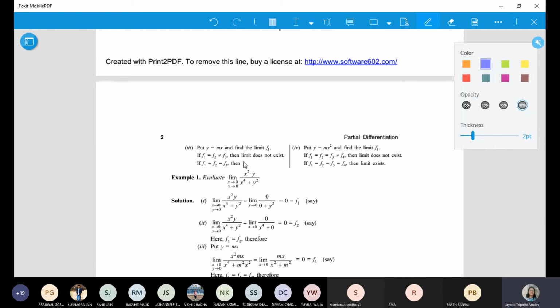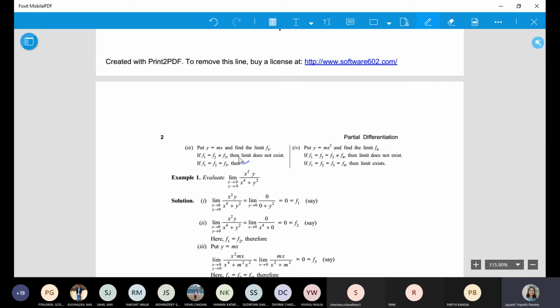If f3 is also equal, then the limit exists. If it is unequal, the limit does not exist. Then we try and find mx square. In most of the cases, mx square helps. Sometimes according to the question, you need to change x square and make it x cube or x^n. It depends. So this is a subjective thing, depends on your function. If all four exist, then you say the limit exists.